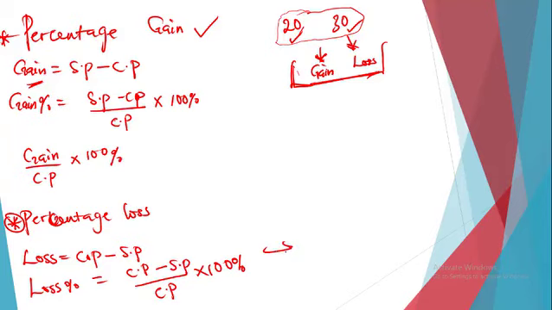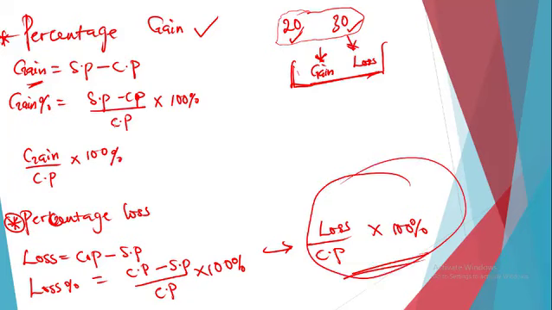So that gives us that loss percentage is equal to loss all over cost price times 100%. Do we understand? Given these two formulas, let us then solve some problems.